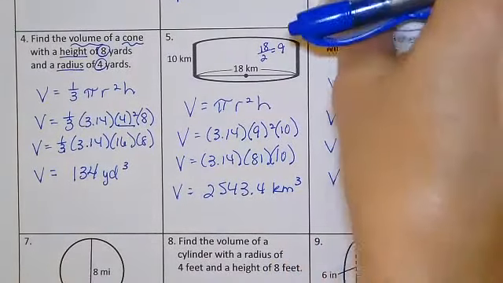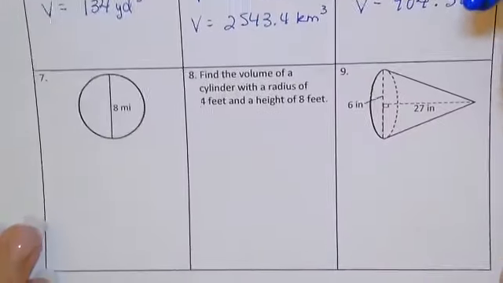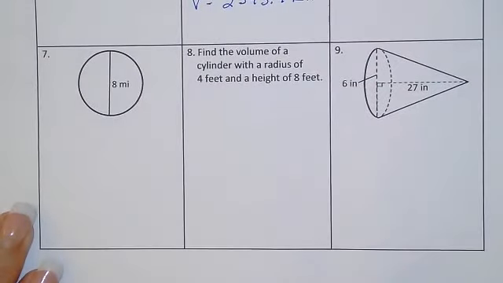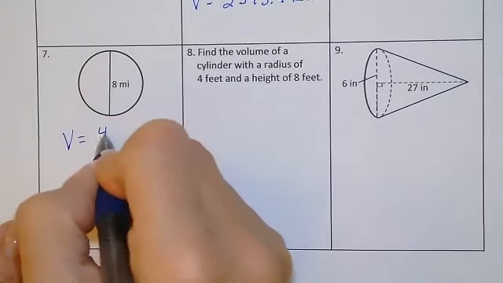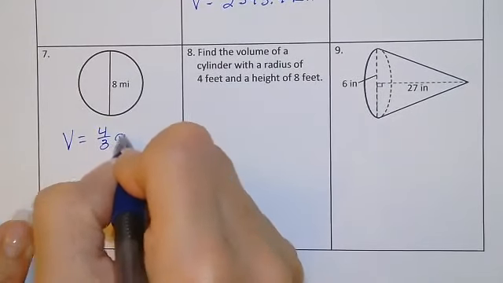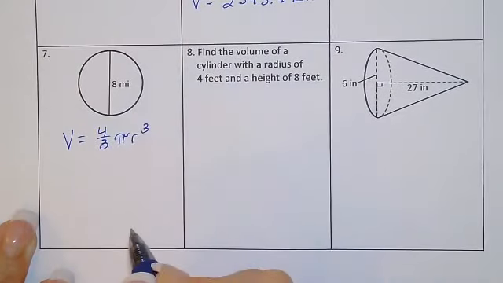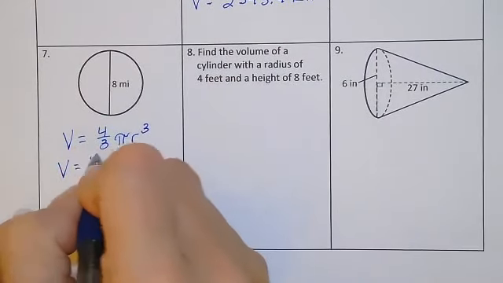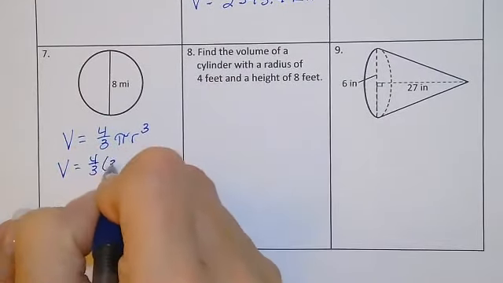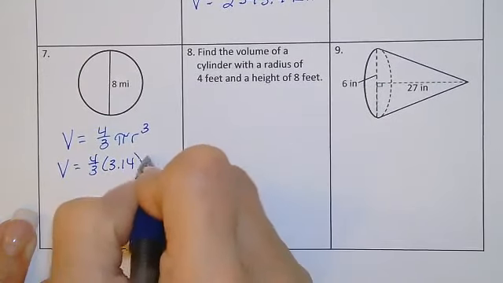All right, number 7. All right, looks like we have a sphere. So formula is 4/3 pi r cubed. So let's substitute volume 4/3 pi.